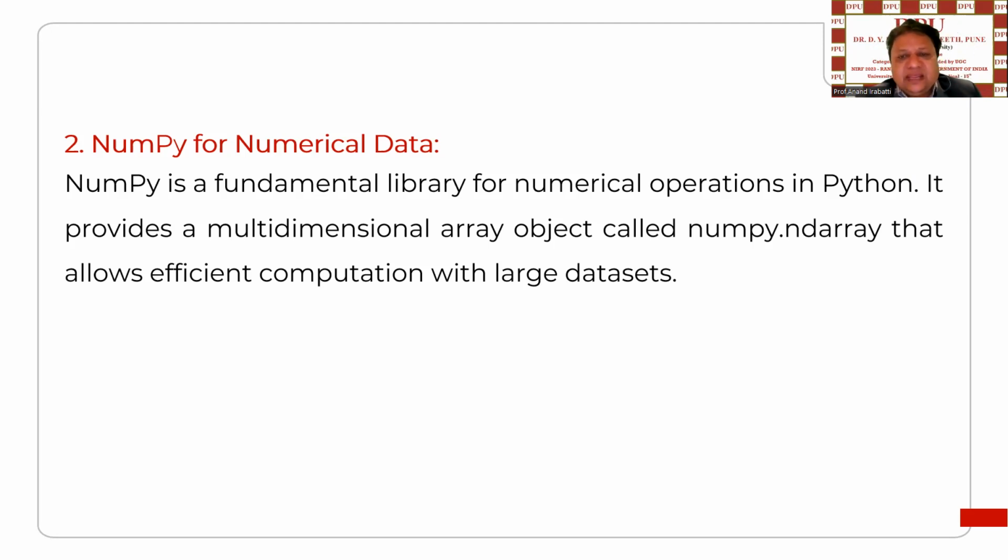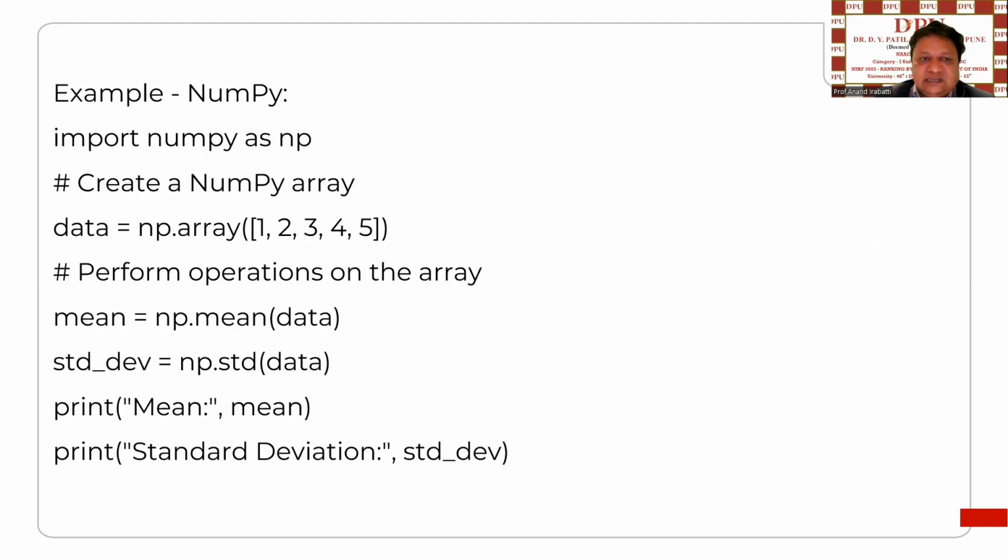By using the ndarray, we can create arrays in order to efficiently perform computations with large data sets. NumPy stands for numerical Python, which provides operations for creating arrays and performing computations on those arrays.